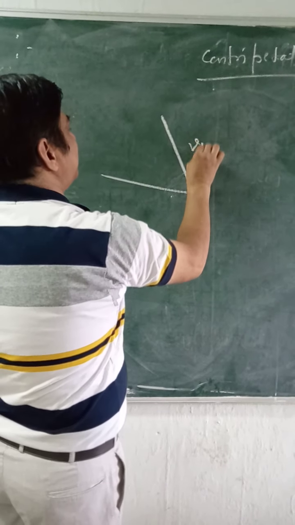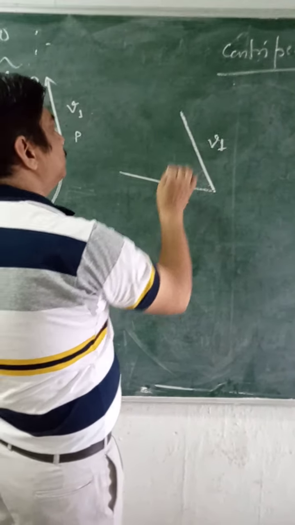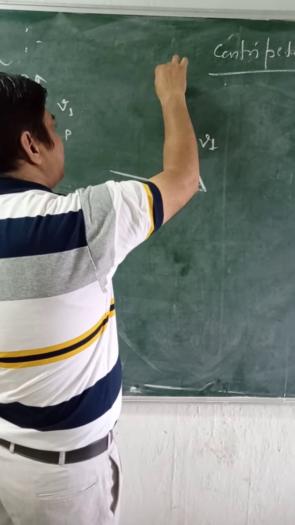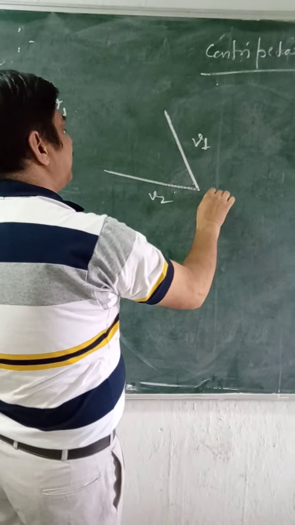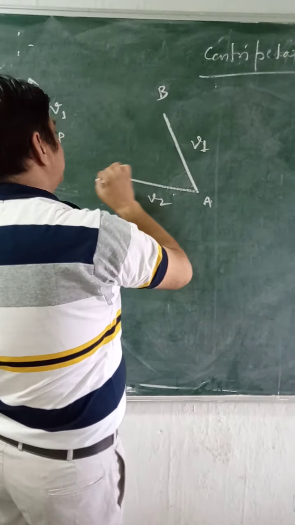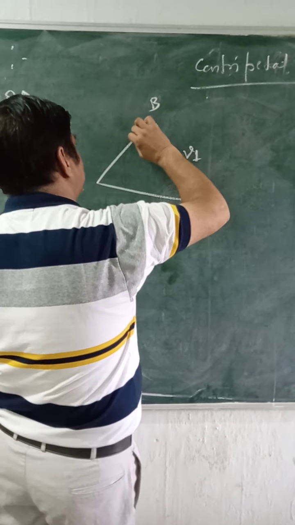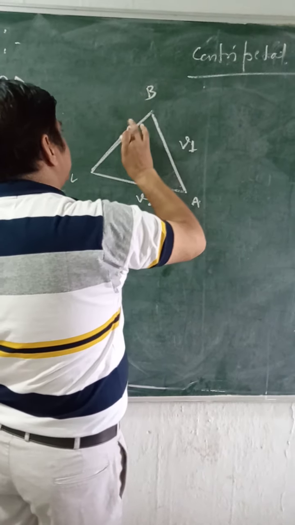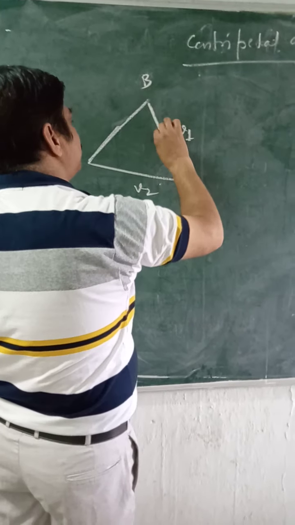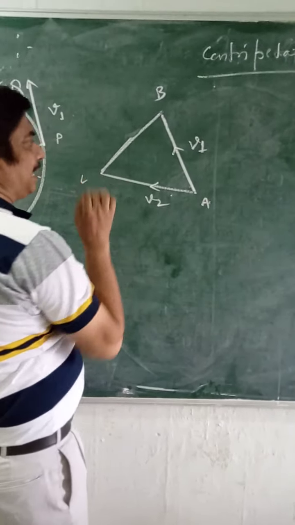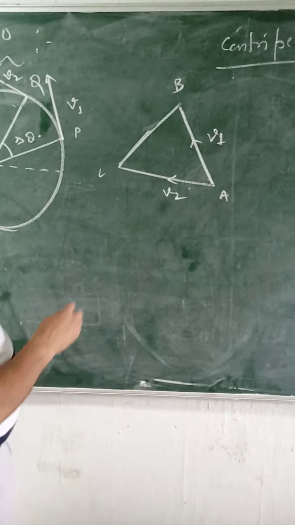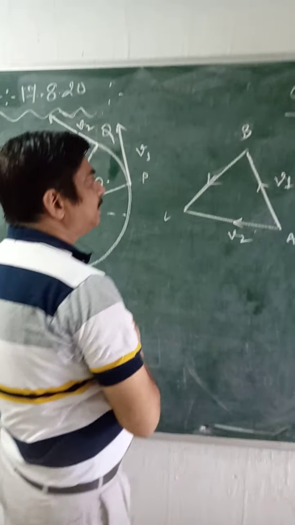This is V1 and this is V2. This point is A, this point is B, and this point is C. This is the direction of V1 and this is the direction of V2, and this is BC.